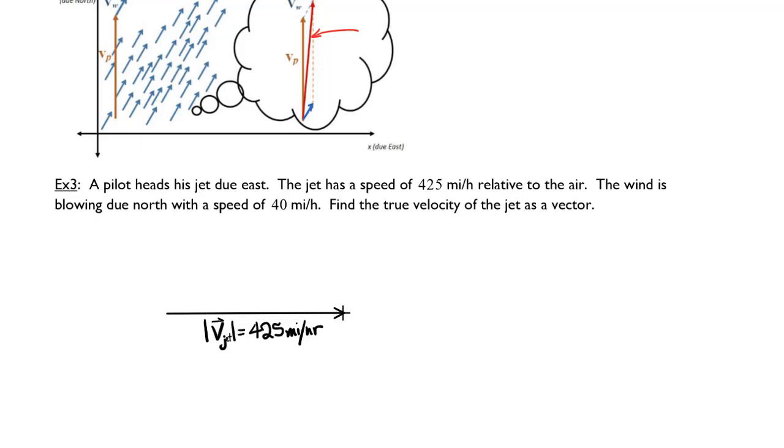So I'm going to draw another vector that represents the wind. We'll call this the magnitude of v sub w, the wind, is equal to 40 miles per hour.